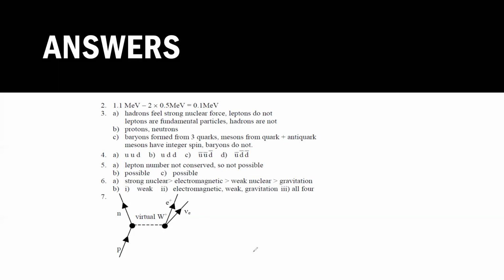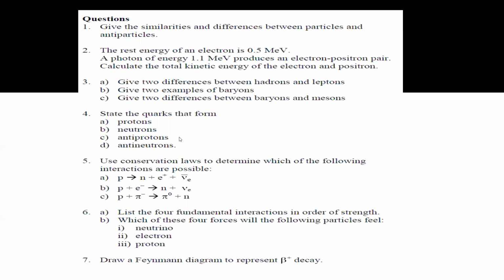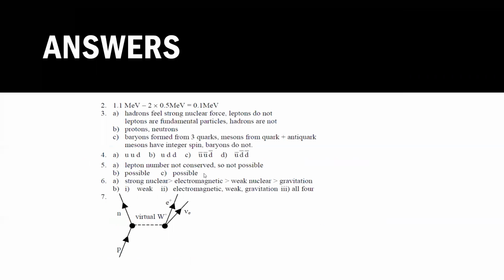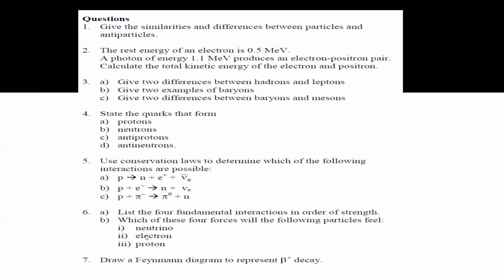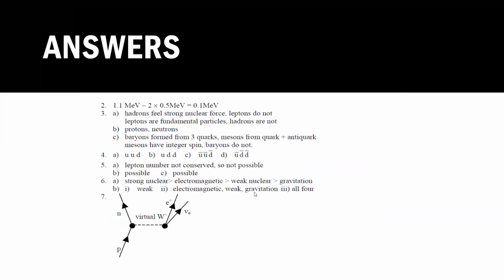Then, which of these four forces will the following particles feel? Neutrino. A neutrino is a lepton. Leptons always experience the weak nuclear force. Electron has a charge also, and it's a lepton, so it is weak nuclear, and it also has a mass.